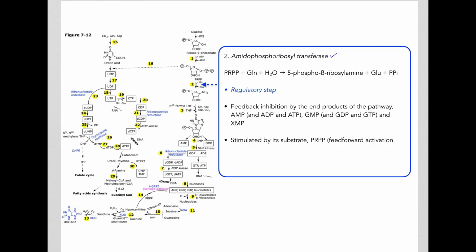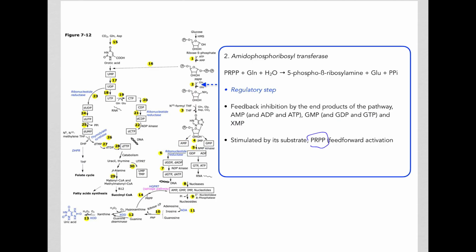This enzyme is inhibited by some of the end products of the pathway, such as AMP and GMP, as well as their diphosphates and their triphosphates, such as ADP, ATP, GDP, or GTP, as well as XMP, one of the intermediates that is formed in the pathway.